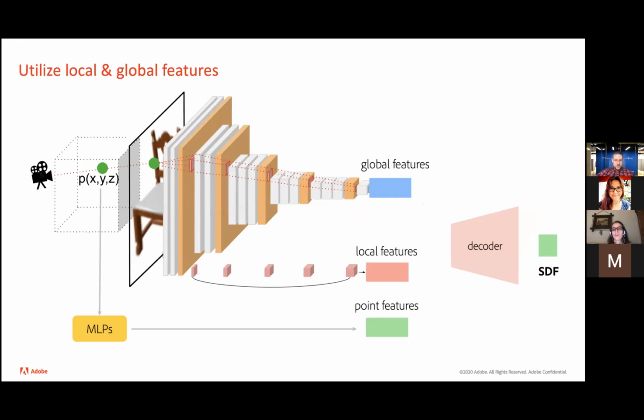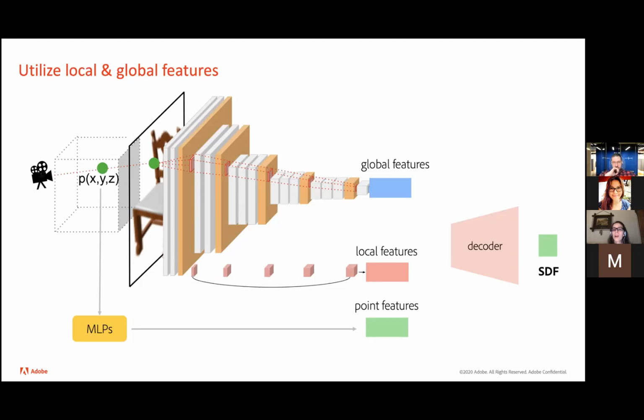So in addition to the global features I already have, I can now start extracting some additional local features around the projected 2D point. So now I make again a signed distance prediction, but I have my global features, point features, and in addition the local features to capture more details.